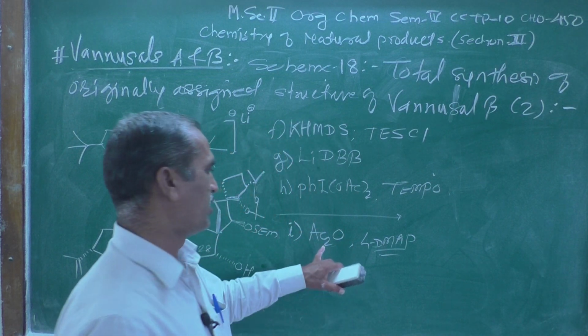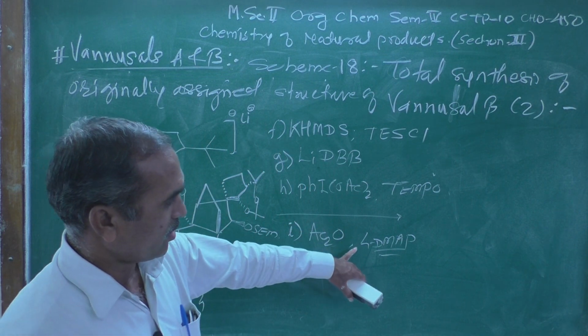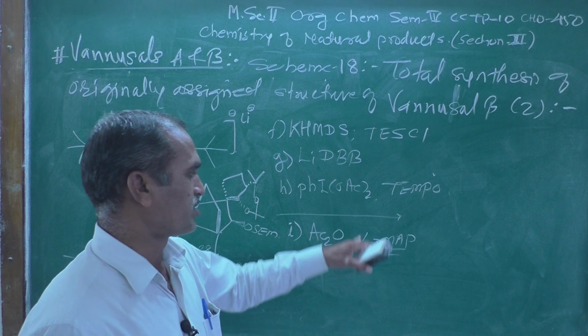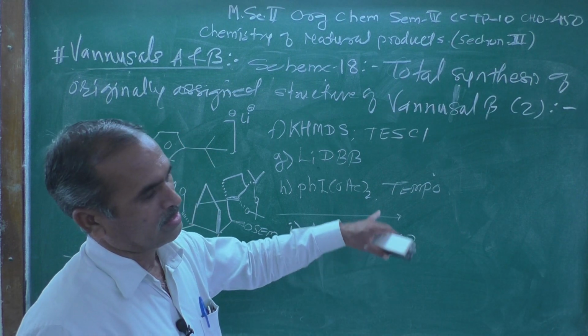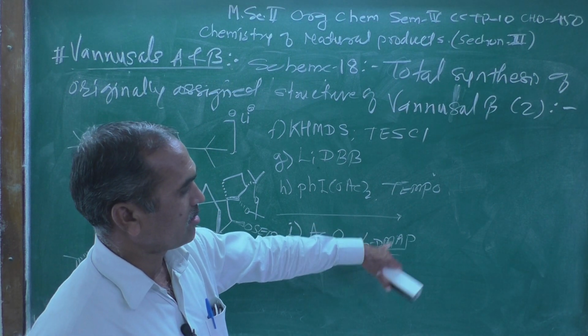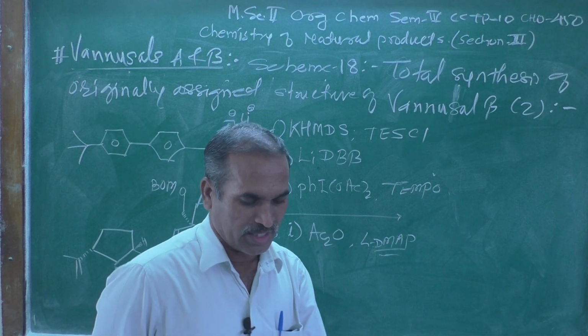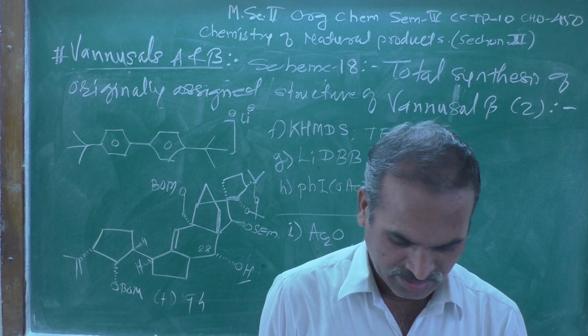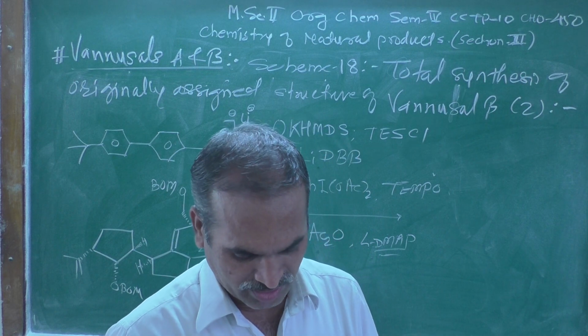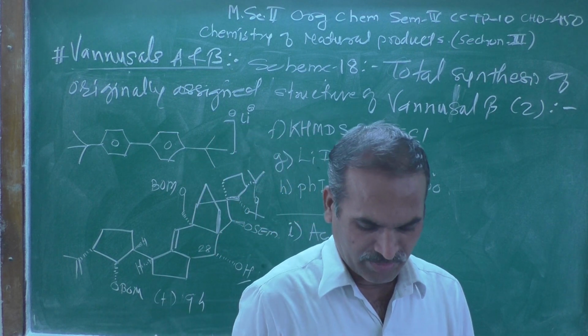As we know, this is acetic anhydride, and 4-DMAP is nothing but 4-N,N-dimethylaminopyridine. That is the full form of that reagent, shortly written as 4-DMAP.